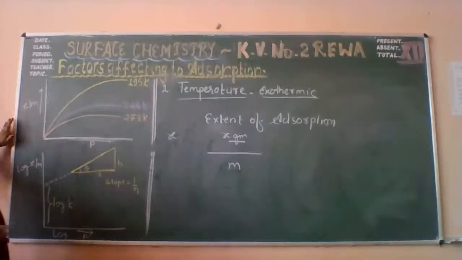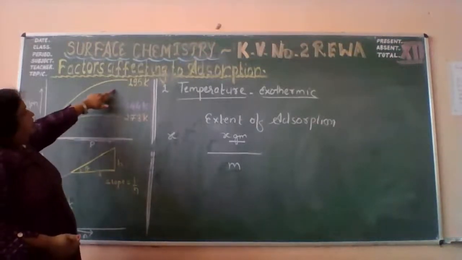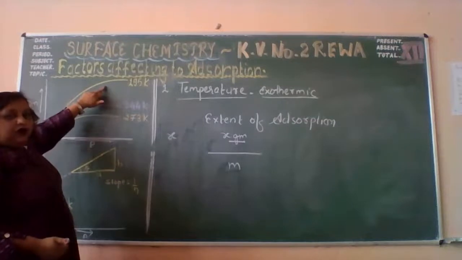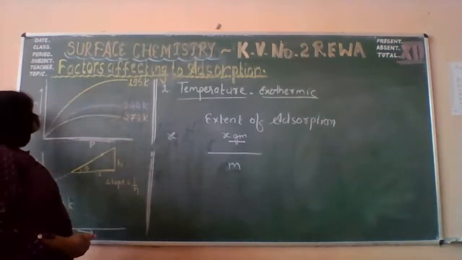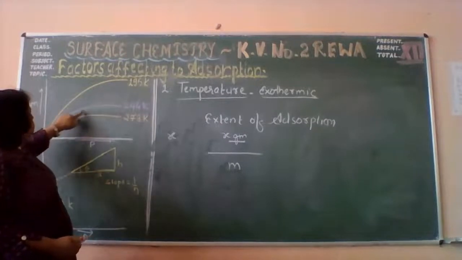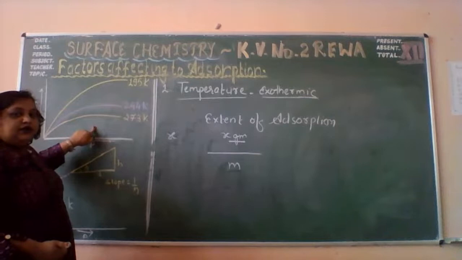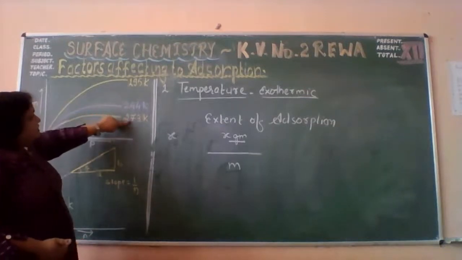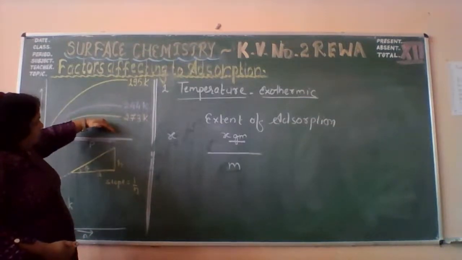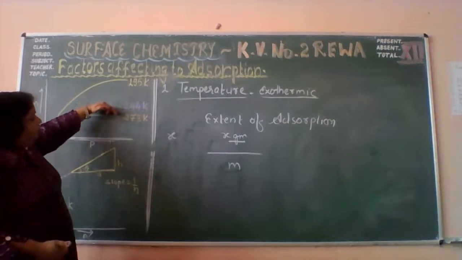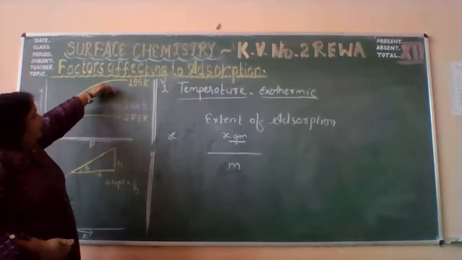You can see that for the different temperatures, it's different. If you see the value of X upon M, it is different as their heights are different here. At the temperature 273, the value is less, then 244, and then 195.